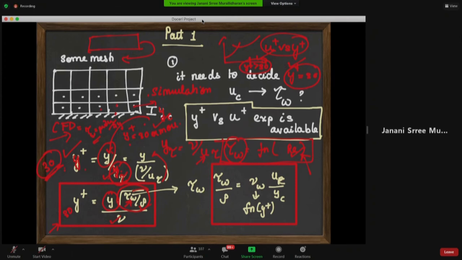Why is this check very important? Because you estimated that a particular u plus has to be used by the code in the first cell center. That means your y plus estimation should be right. By doing this cross check, you're ensuring that the y plus that you thought is actually being replicated, and hence the velocity is accurately being used by your turbulence model.